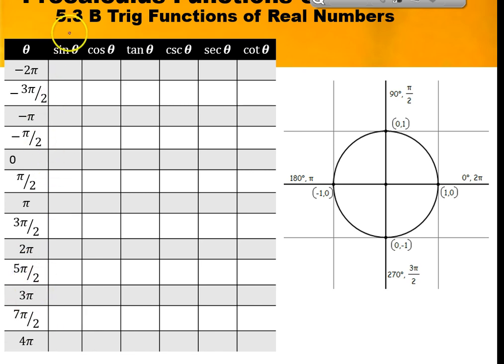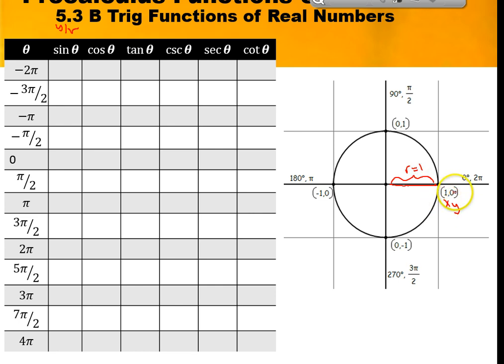Okay, so first of all, remember sine is y over r. And I've included a copy of the unit circle over here. Remember, this is x, this is y, and this right here is the radius, and that radius is 1.